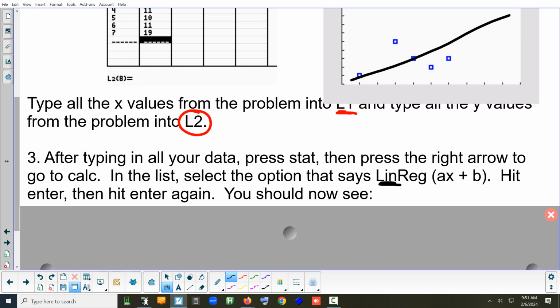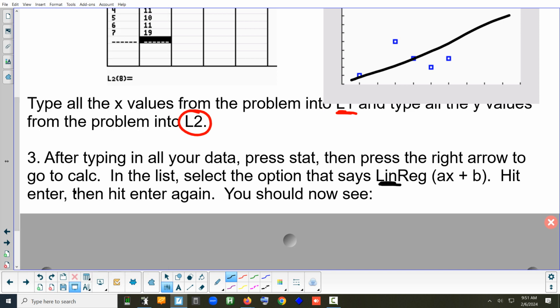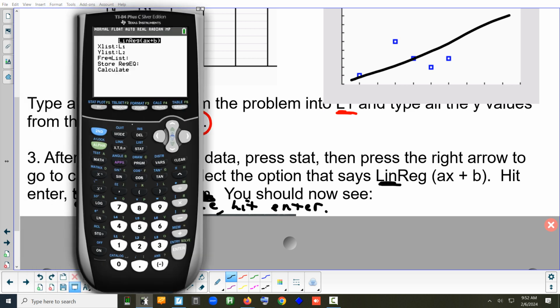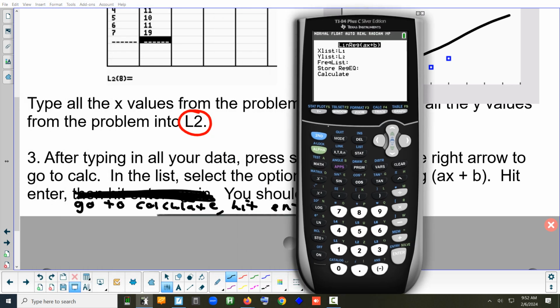Okay, if you did everything that I did, you don't have to change anything. Okay, I do have to update this one step. So on your guided notes, just cross out that last step and put go to calculate and then hit enter. So go to calculate and hit enter. Calculate is in the bottom.